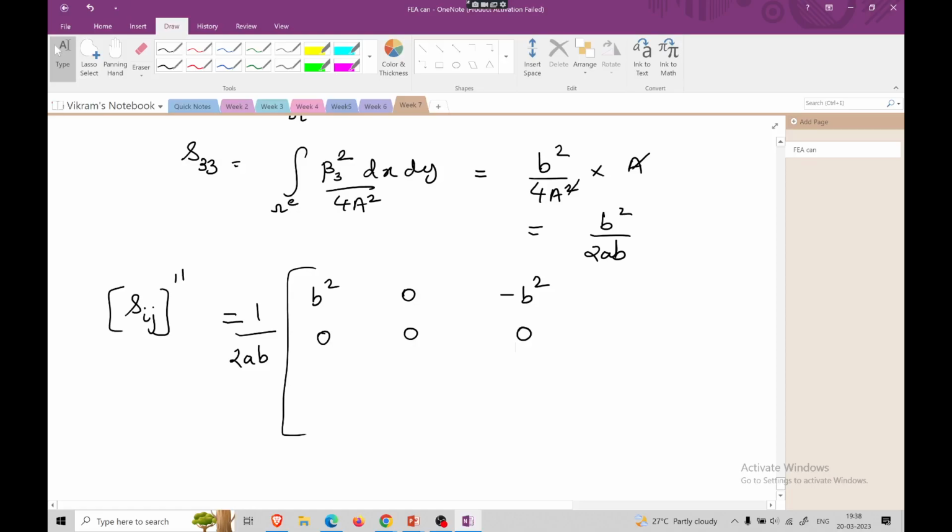Because if you differentiate with respect to y, this term will vanish. Similarly, the x term will also vanish, and only gamma i will remain. So what is S11? Gamma 1 dx dy. What is gamma 1? Minus of x2 minus x3. Again, what are the values of x?